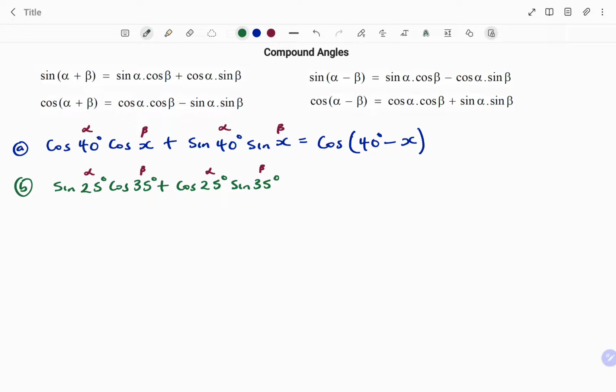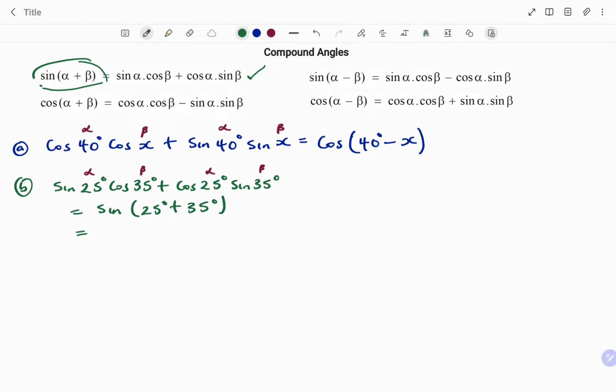Now, going back to all my expansions, I need the one that has sine alpha cos beta plus cos alpha sine beta. That is looking like the first one. So therefore, I'm going to break that down to be sine alpha plus beta. Alpha in this case is 25 degrees and beta is my 35 degrees.